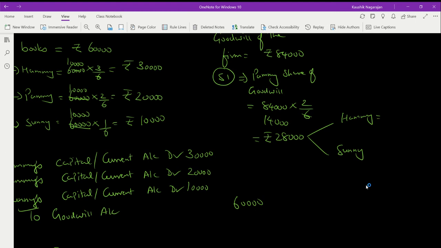So for him it is going to be 28,000 into 1 by 2. So this gives me rupees 14,000 as his share of amount settlement, and for Sunny the same, 28,000 into 1 by 2. So that will give you an amount of rupees 14,000 to be paid from his side.